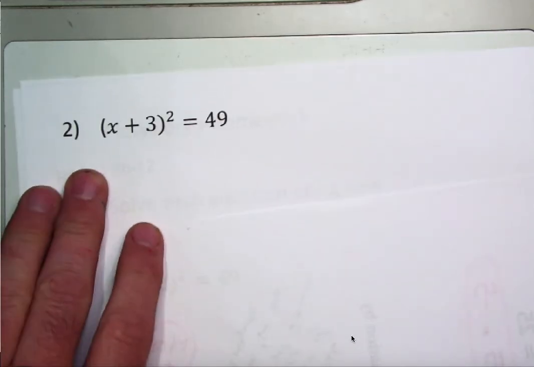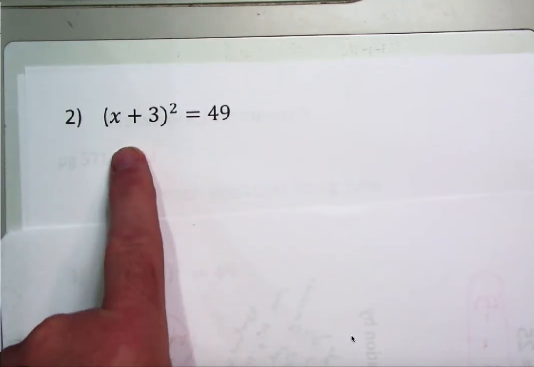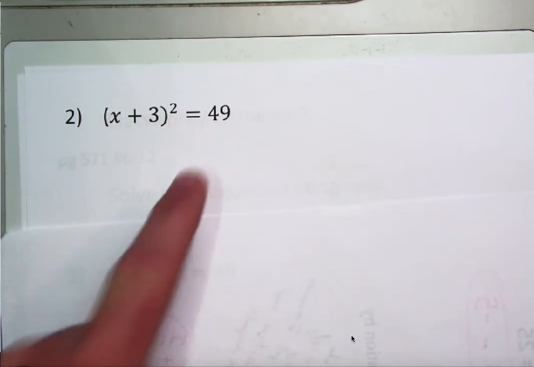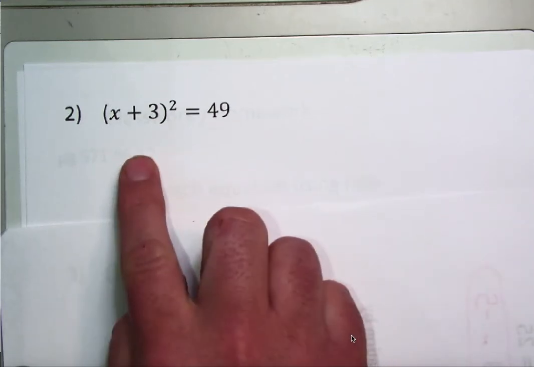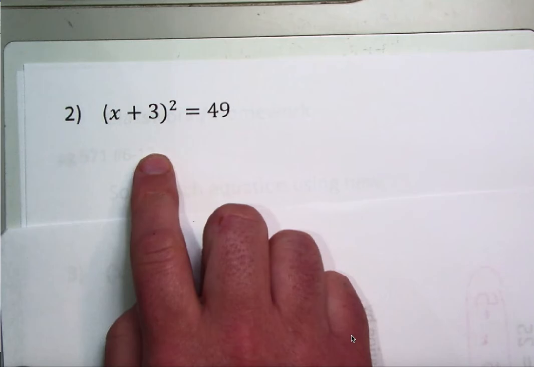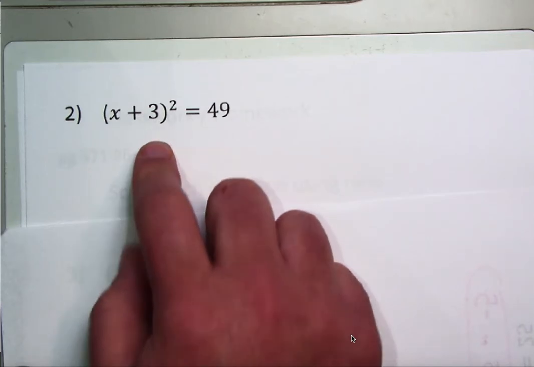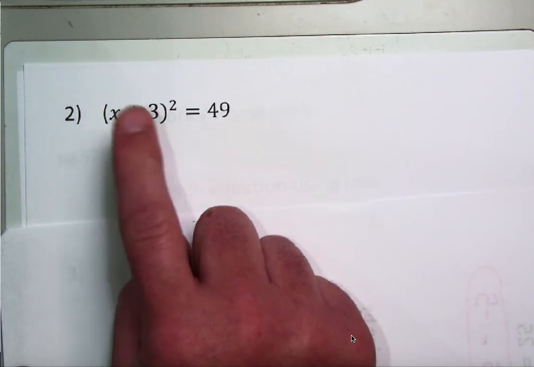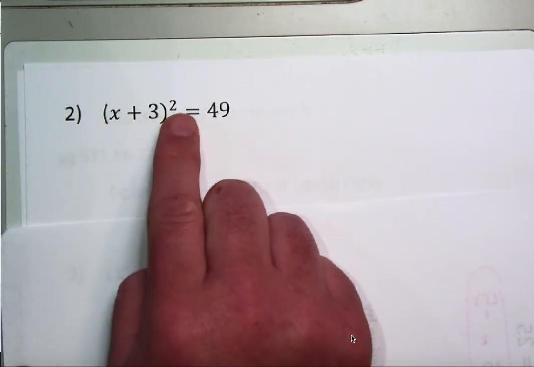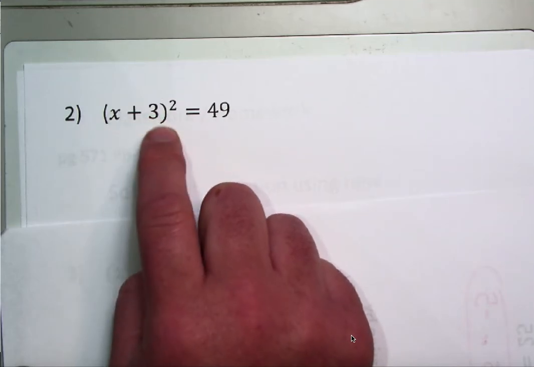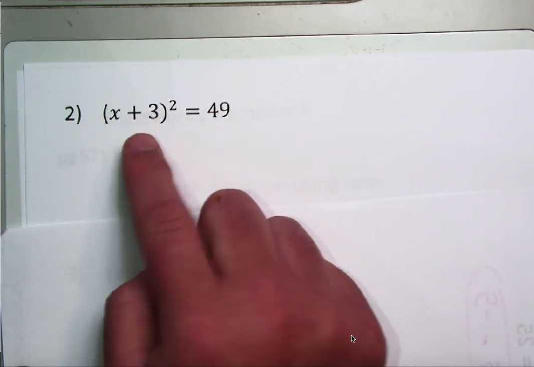Okay. So now we've got x plus 3 squared equals 49. We can do things to both sides to get the x by itself. But if anyone's thinking we take away 3 from both sides, you really can't, because this is x plus 3 squared. There's a lot more going on here than just plus 3, right?